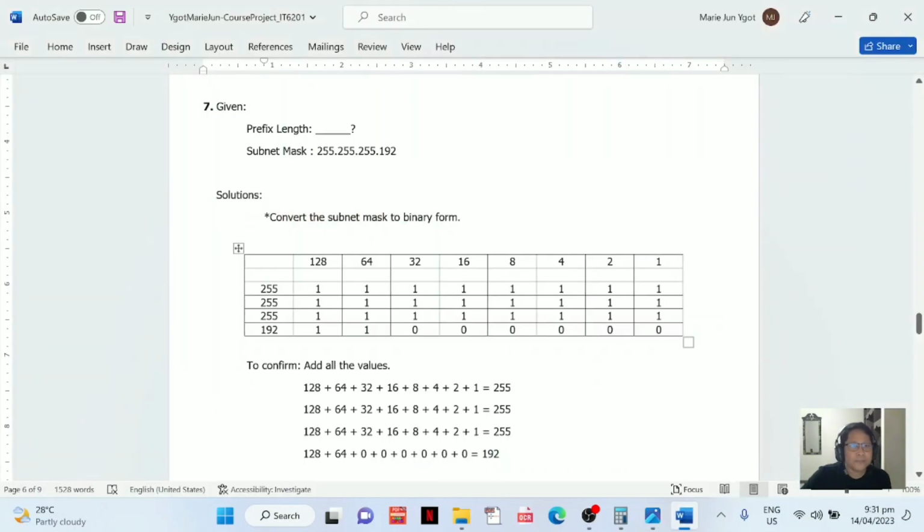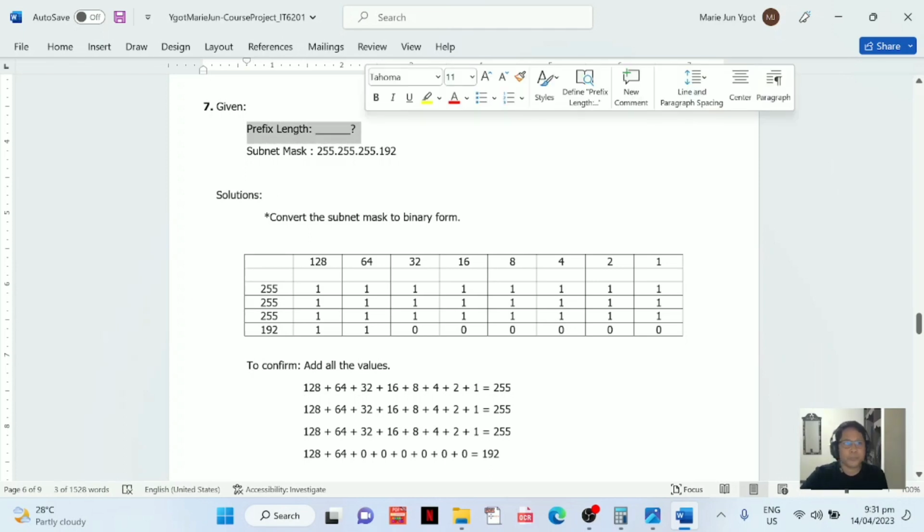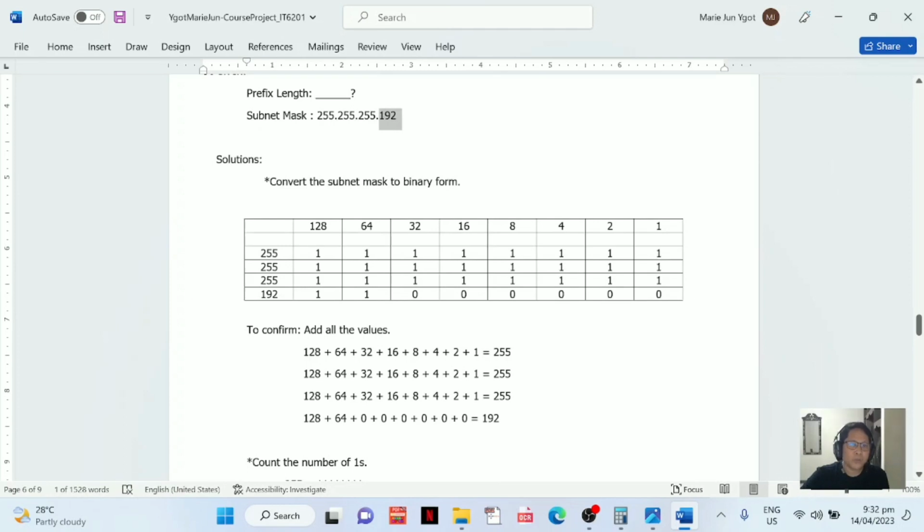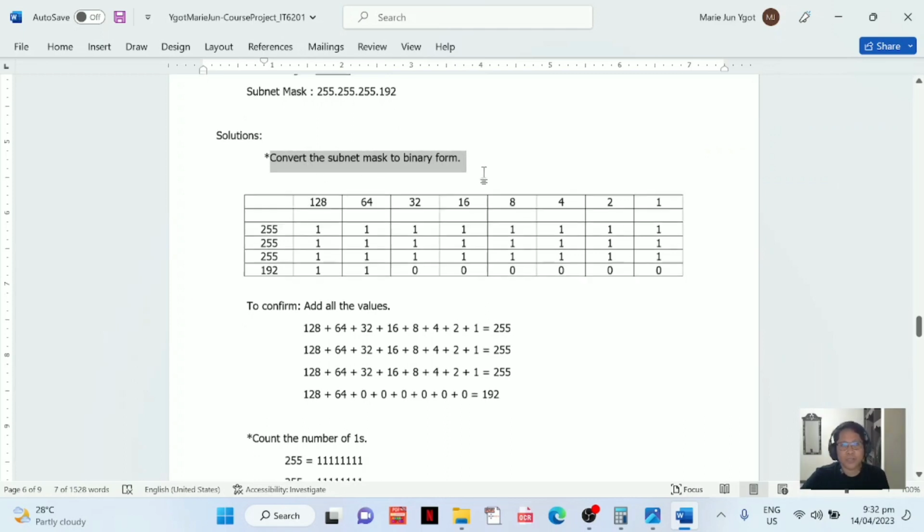So let's go back. So again, our given here, we need to find the prefix length, and our subnet mask is our given 255.255.255.192. So first, we're going to convert the subnet mask to binary form.